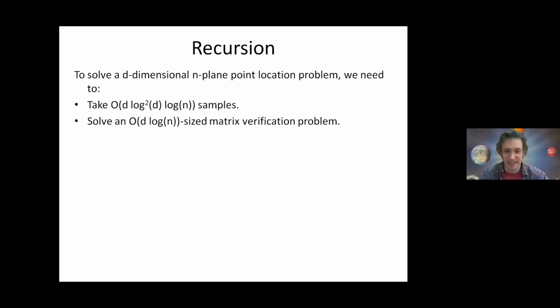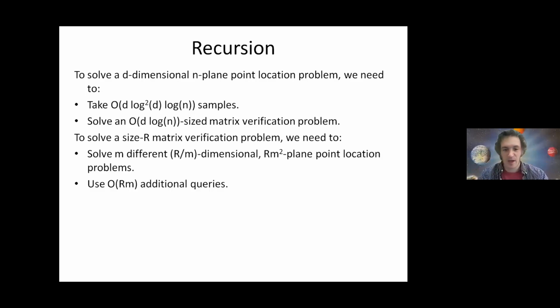To solve a d-dimensional n-plane point location problem, we need O of d log squared d log n samples, and we need to solve an O of d log n sized matrix verification problem. To solve a size R matrix verification problem, we need to solve m different R over m dimensional R m squared plane point location problems, and then use O of R times m additional queries.